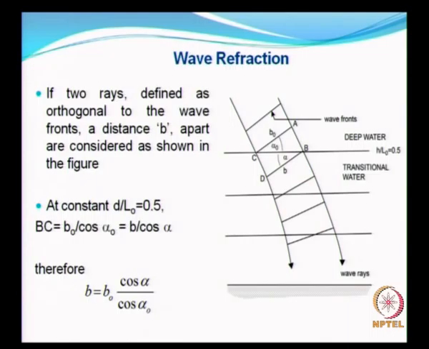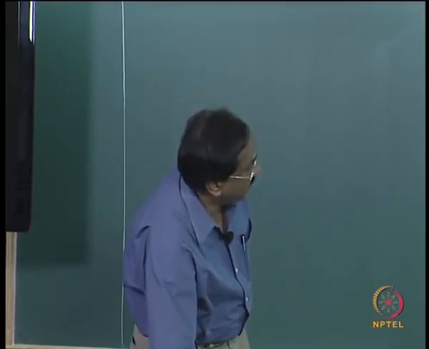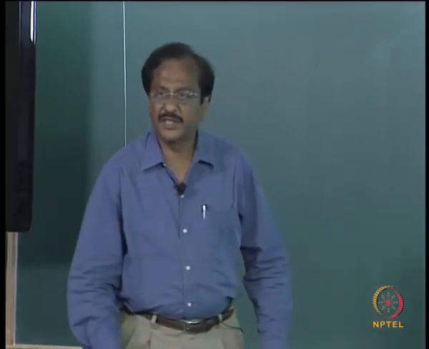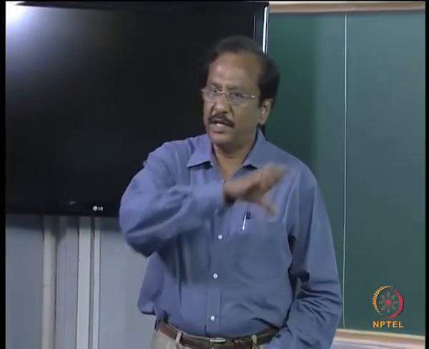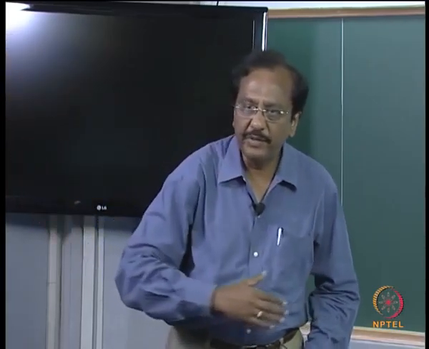So, I can extend this for a complete region running for 100 kilometers, and we can assume the distance between the orthogonals in deep waters to be 2 meters or 3 meters or 50 meters or 100 meters, and try to see how it keeps changing as the waves bend.